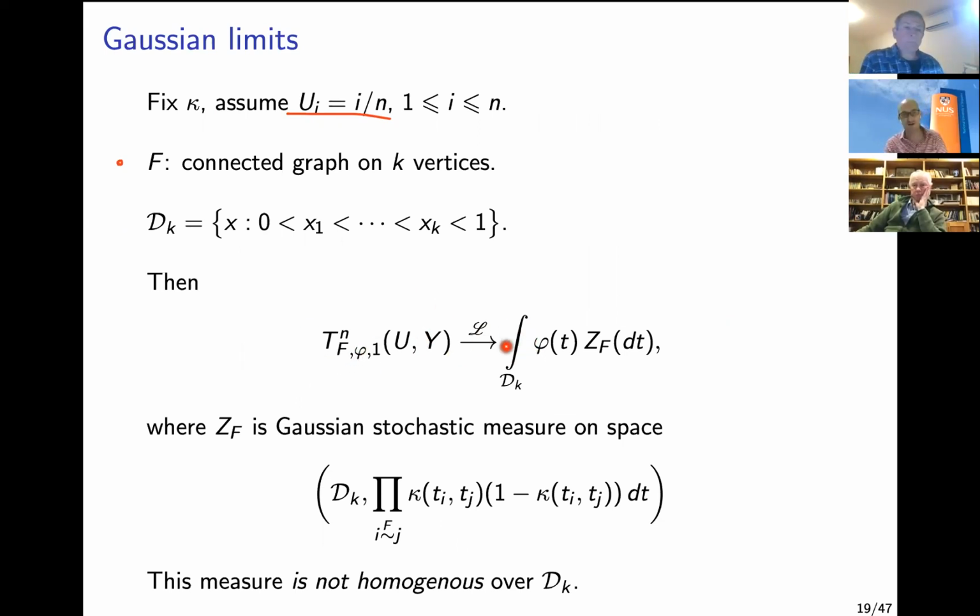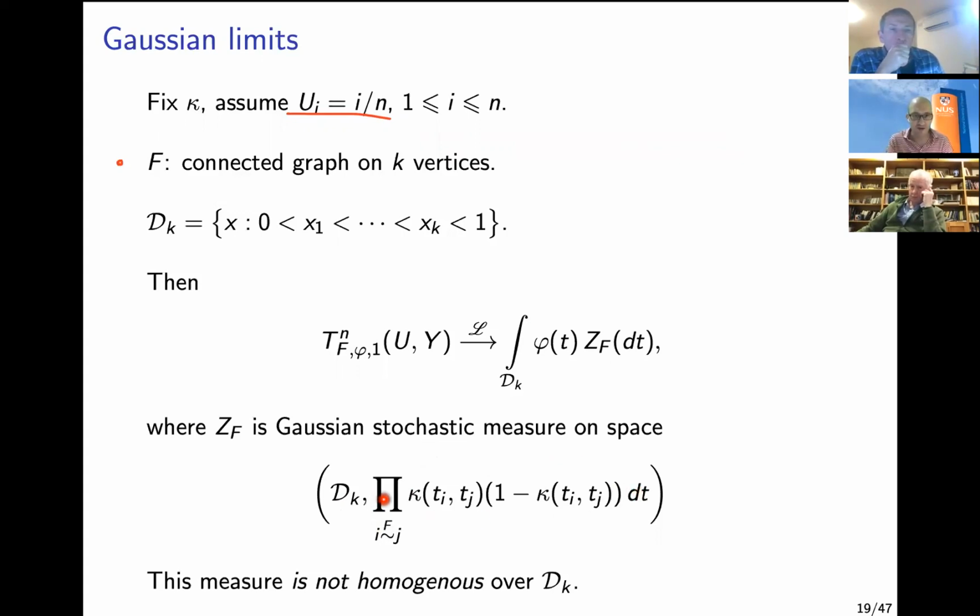Okay, so this converges to a normal distribution, and we can express these Gaussian limits in terms of an integral over a white noise measure. You can see the white noise measure lives on the K-dimensional half orthant, and it has a so-called infinitesimal variance. That means at the point t, that Gaussian point has a variance that is given by this product, and you can recognize it.